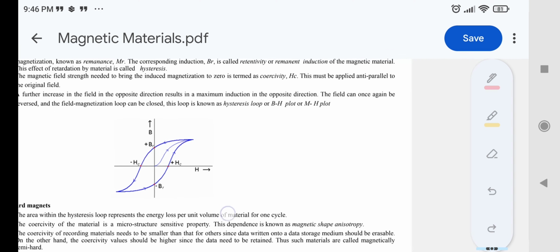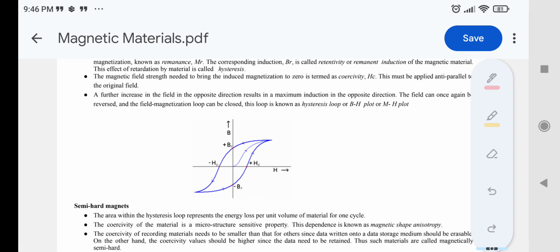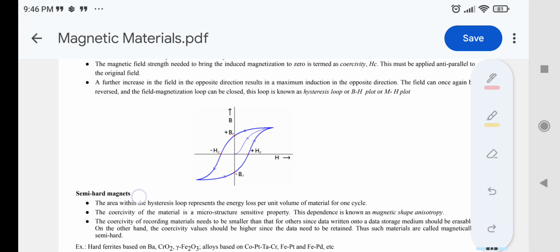The field can once again be reversed and the field magnetization loop can be closed. This loop is known as the hysteresis loop or BH plot, or, like the previous one, an MH plot. So here the only thing is we try to bring the magnetization back to zero, giving an opposite magnetization. That's why the hysteresis curve developed.